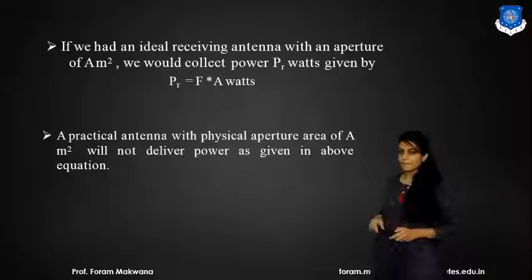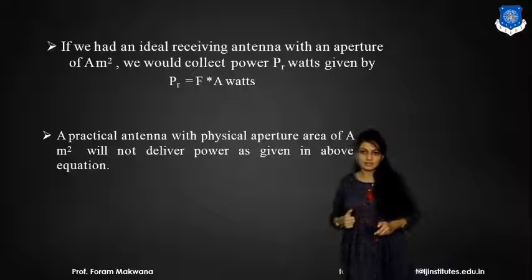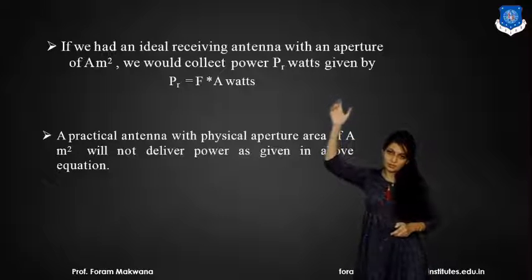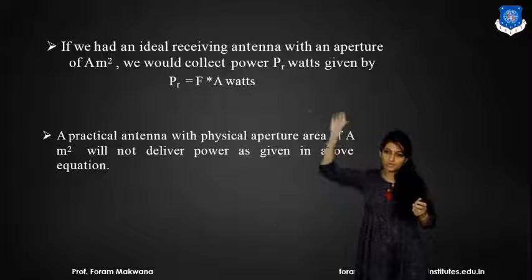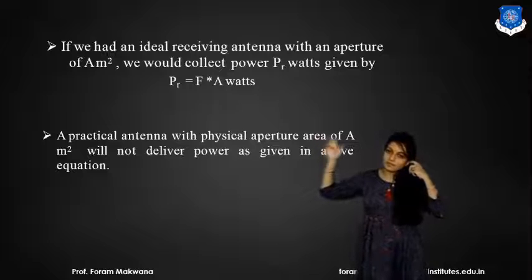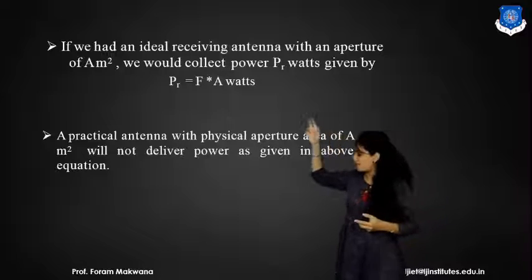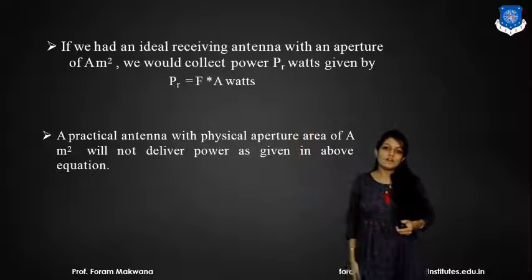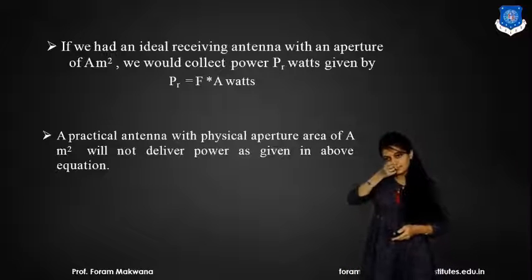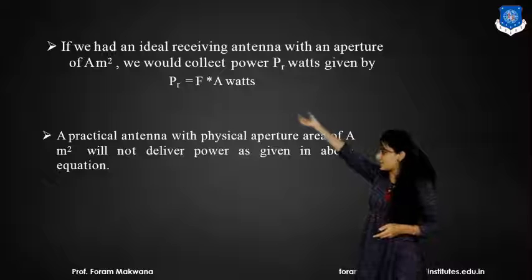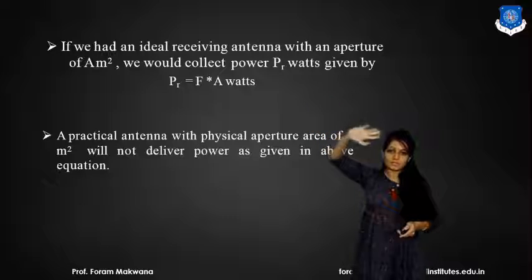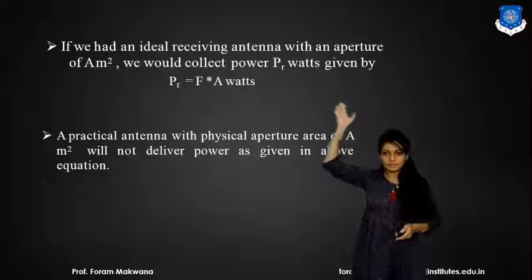In such a case, if we consider an ideal receiving antenna with an aperture area of A meter squared, we can find the received power by multiplying the saturation flux density with the aperture area of my antenna. So my received power is F into A watts, because the meter squared cancels out.